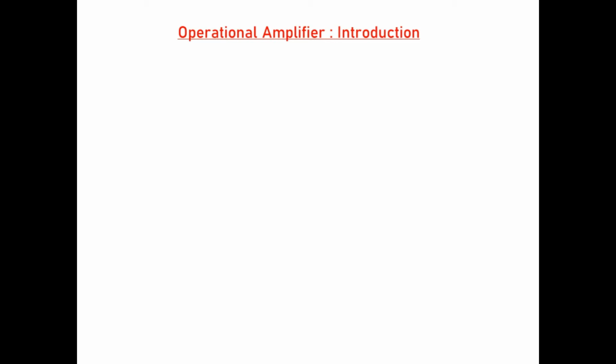Whereas an operational amplifier, as the name itself indicates, can be used for amplification purposes. In addition to that, you can perform some mathematical operations, so that's why it is called an operational amplifier.